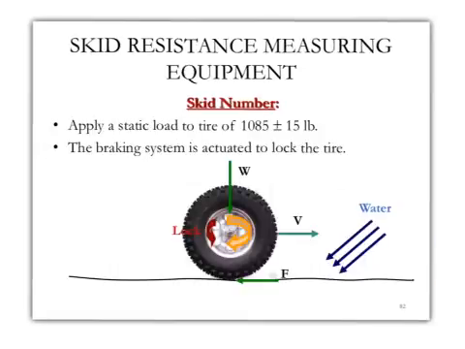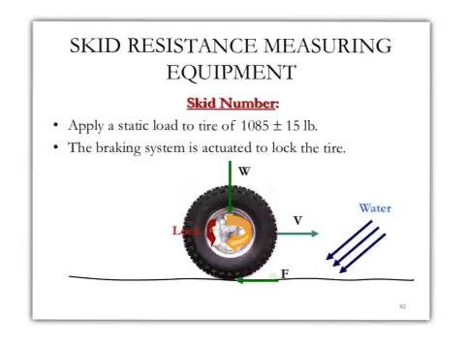So basically we will be applying a static load on the tire. This is the tire which is pulled by the vehicle. So we're going to apply a certain weight. The weight is typically a little bit more than 1,000 pounds, 1,085 pounds plus or minus 15 pounds. And then what's going to happen is, while we're applying water and there is weight coming from the tire, now we're going to apply the braking system.